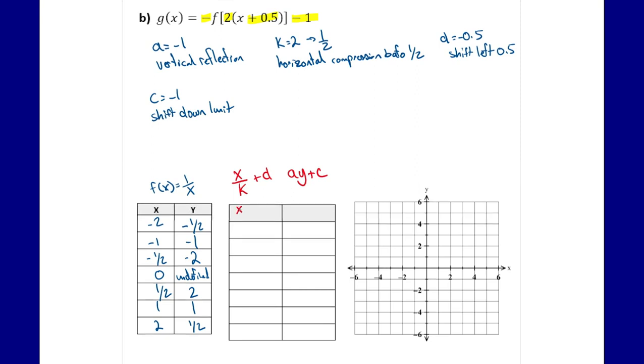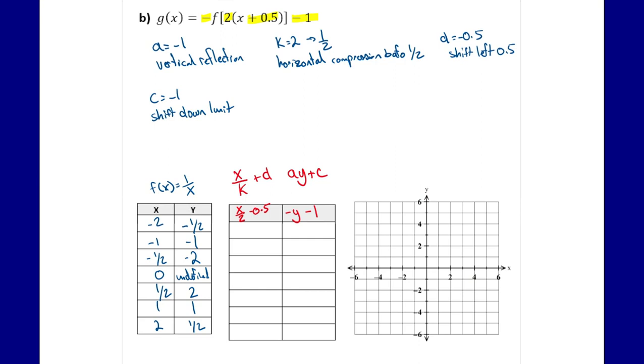So x divided by k, or x divided by 2, plus d, which is -0.5. And then I have -1y minus 1. So whether you do the mapping notation or write down how each transformation affects the variables, either way you should still get these changes to the x and y values. So now we can apply those changes.